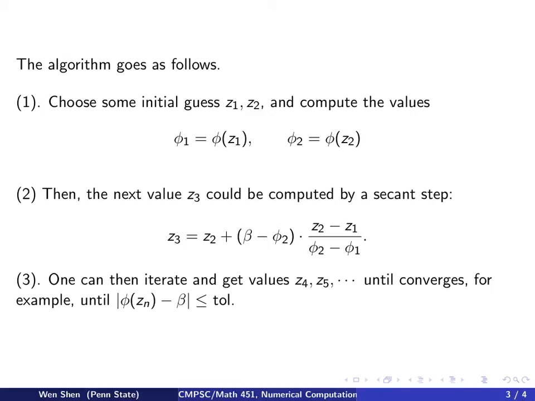Then z3 is a better choice, and you can take z2 and z3 and go through the same process to get z4, and then use z3 and z4 to get z5. You can iterate until some convergence criterion is satisfied. For example, until you are close enough to the target, this distance being less than some tolerance. Or you can put some other stop criteria for secant iteration, which we talked about when we learned it.